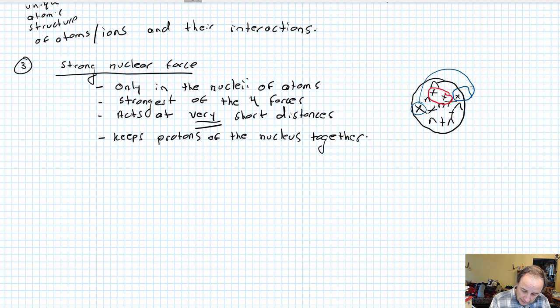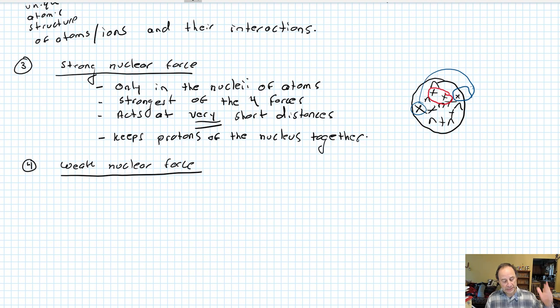And then, lastly, we have the weak nuclear force. Where the strong nuclear force is in every nucleus, this force basically occurs in some reactions between elementary particles.